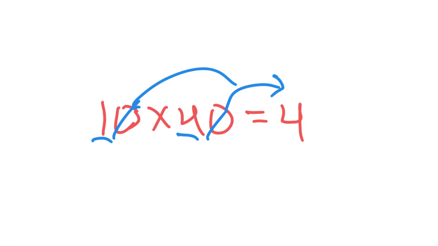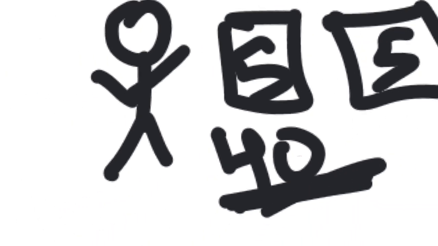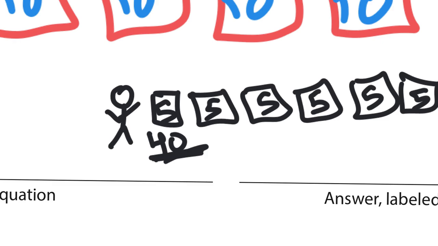Forget this 0, forget this 0. What is 1 times 4? 1 times 4 is 4. Now I would like you to put both of those zeros back on the end of this number, and you get 400, which is the same as the other group. Okay, so this group here has 400 also.